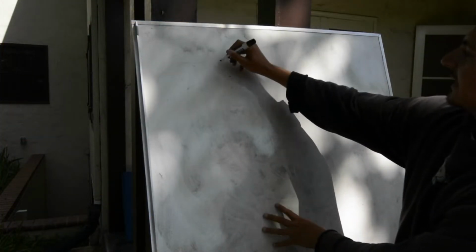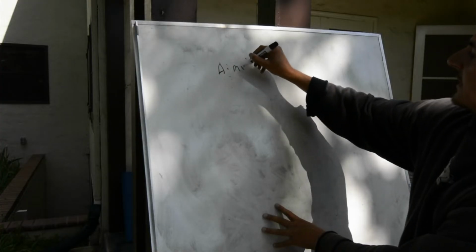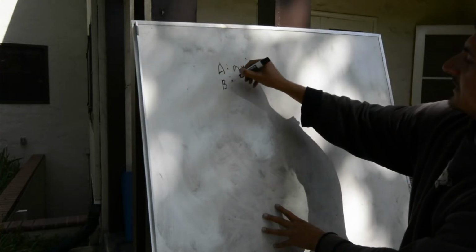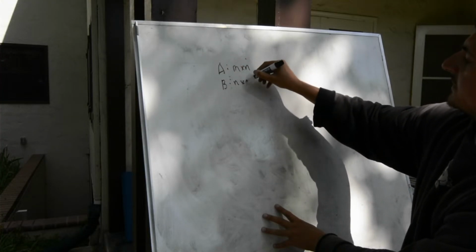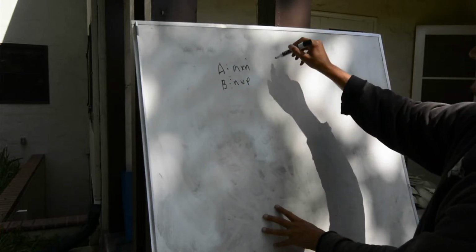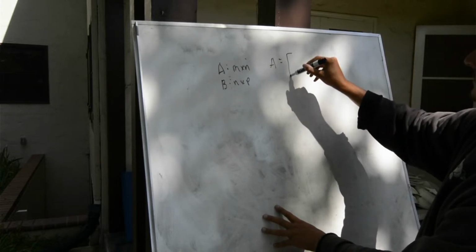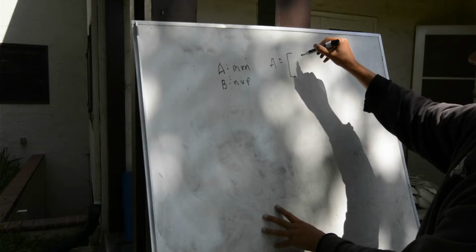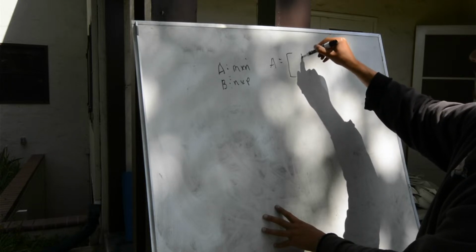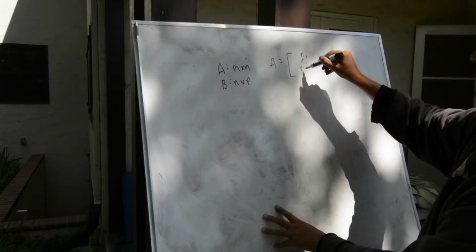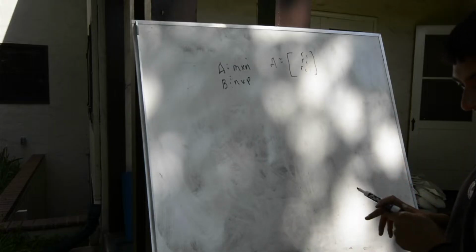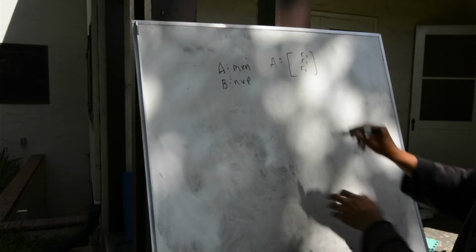A is m by n, B is n by p, and we can think of A as equaling row 1, row 1, row 1, because all of the rows are identical.